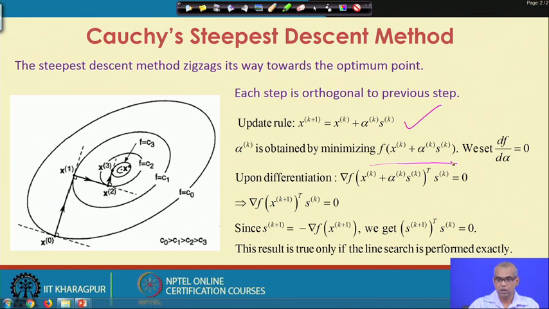Now, upon differentiation, we get the gradient of f at x k plus 1 times s k is equal to 0. Note that x k plus alpha k s k is the same as x k plus 1.